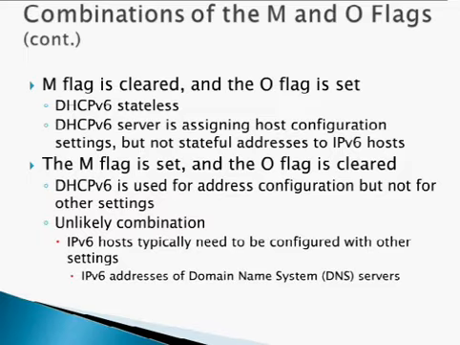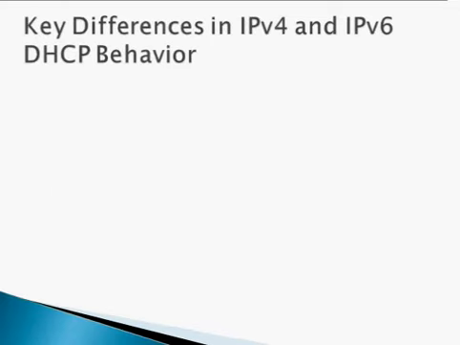So I wanted to pause here and point out some very interesting and key differences in IPv4 and IPv6 dynamic host configuration behavior, because it does take you a little bit by surprise, because you're so used to IPv4 and its host behavior and its DHCP behavior that I just want to take a moment to highlight these.